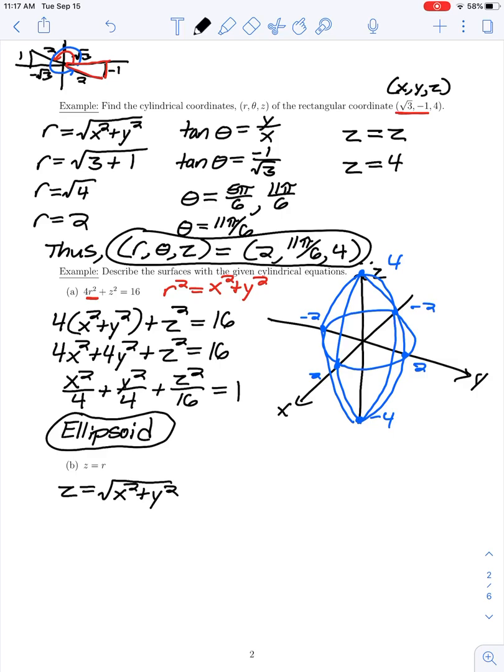So if we simplify, z squared is equal to x squared plus y squared.